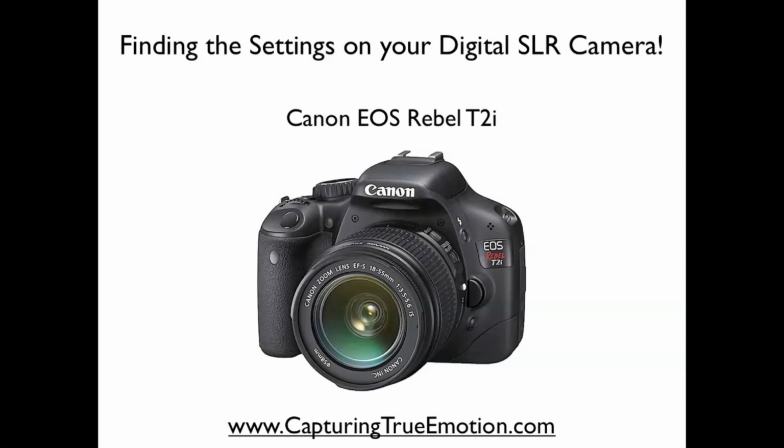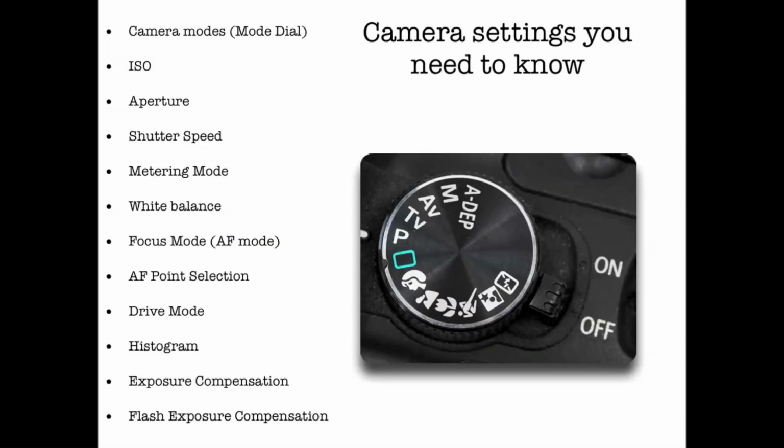My name is Val Westover, and we're going to talk today about finding the settings on a Canon EOS Rebel T2i. These are the settings that we are going to find on this camera.